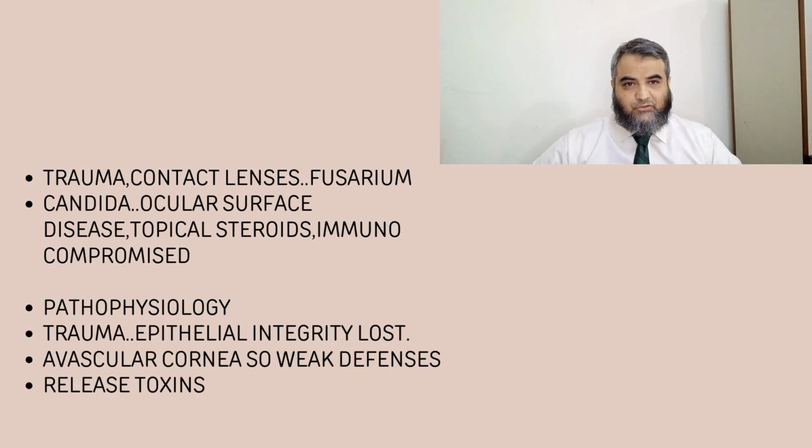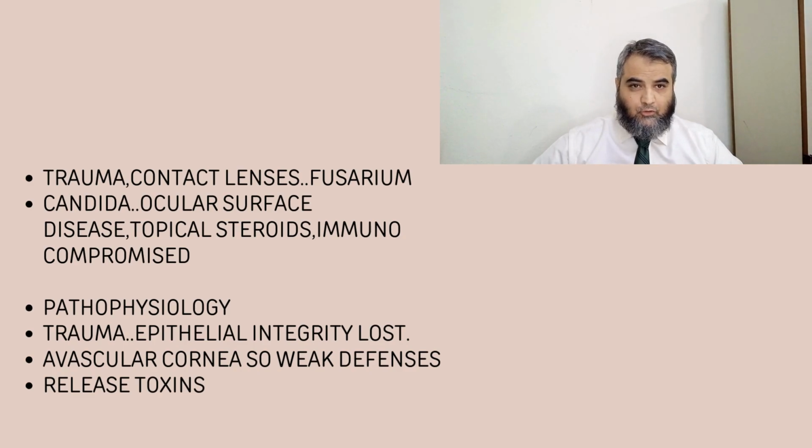When we talk about trauma, what happens? A trauma happens and the corneal epithelial integrity is lost, and it is a protective barrier. So the fungus invades into the stroma, stays there, multiplies, and starts spreading.